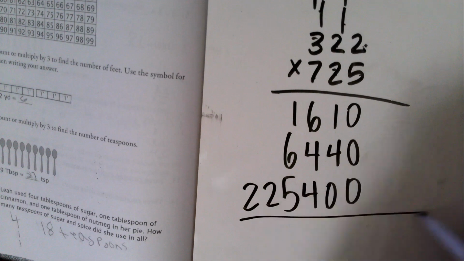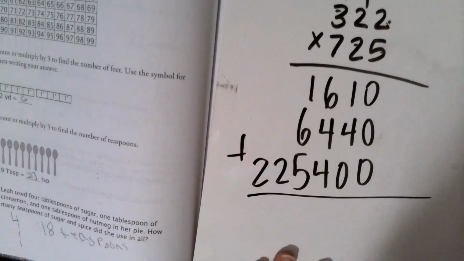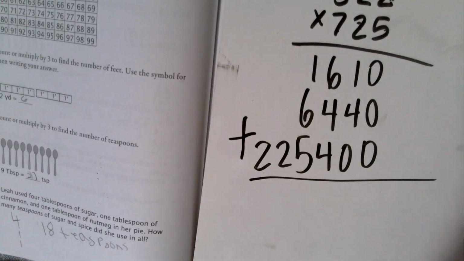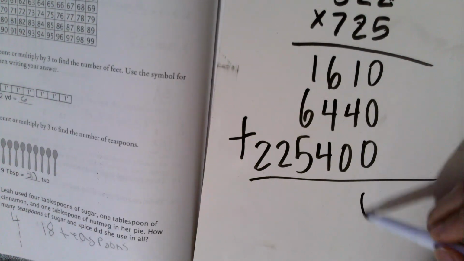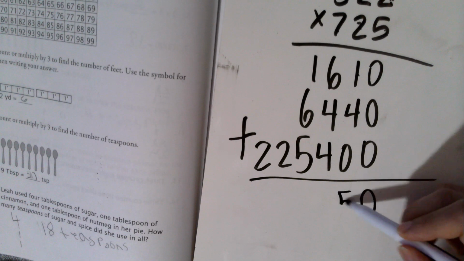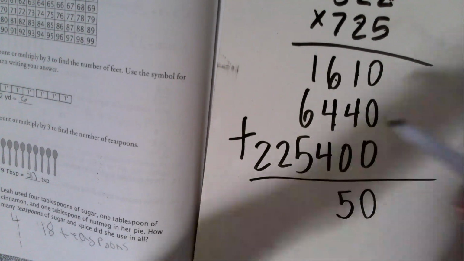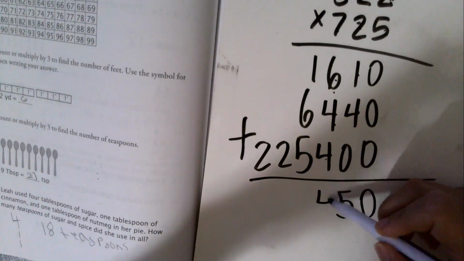Okay, so now when we're adding all of this up, this is really going to help us to know our facts, because see, this is 0, this is 5, this is 10. We know that 6 and 4 are some of our 10 facts, so we know that's 10. This is 14.